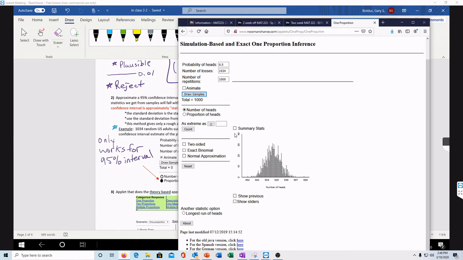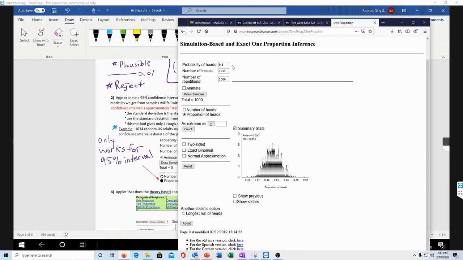Then I'm going to click Summary Stats right here. When I click this, I'm going to get the standard deviation and the middle of this. But all my information is in terms of an actual proportion, a percent, so I'm going to click this Proportion of Heads button, and here's what I see. I have a mean of 0.5, because that's what I told the computer right here.